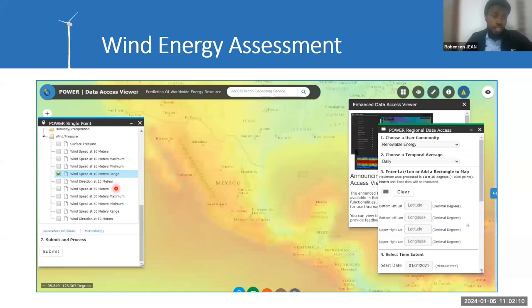If you want it at 10 meters above sea level, okay. At 50 meters, okay. At 100 meters, okay. You can also use this for solar energy assessment. So this is very powerful software.